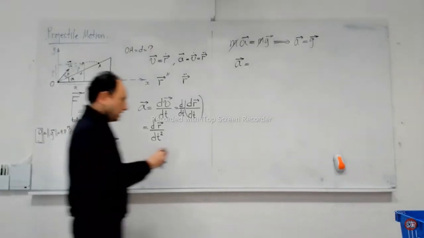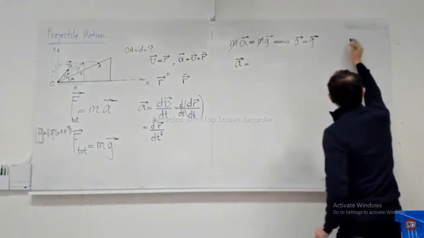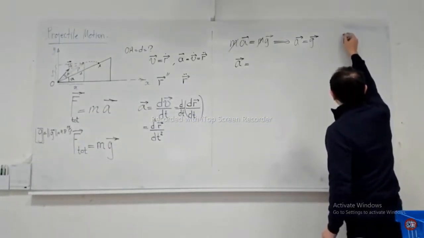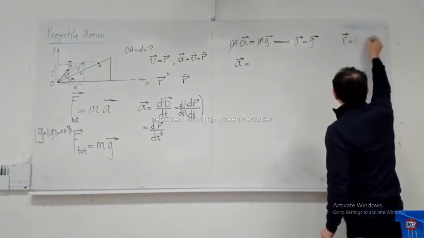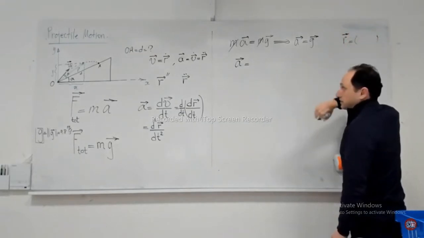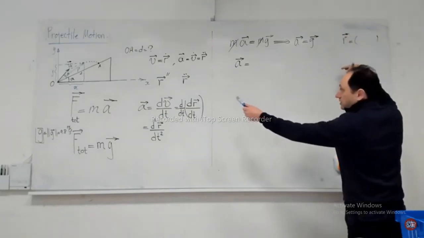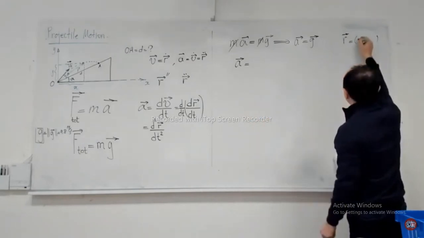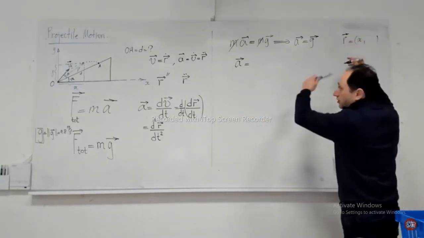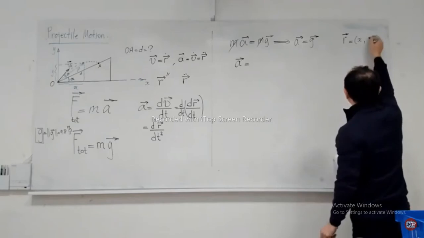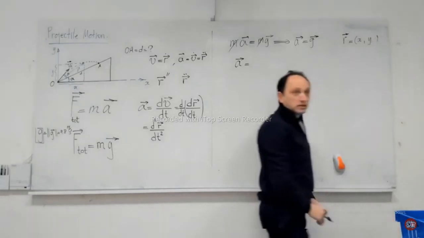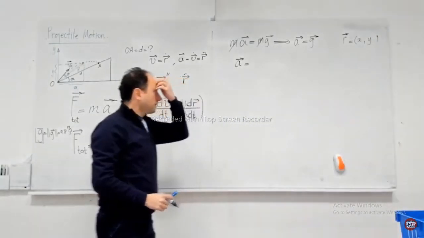In analytic form, a vector here has 2 components because I'm working in 2 dimensions. The projection of the vector on the x-axis I called x, and the projection of this vector onto the y-axis I called y. Yes? Is that right?